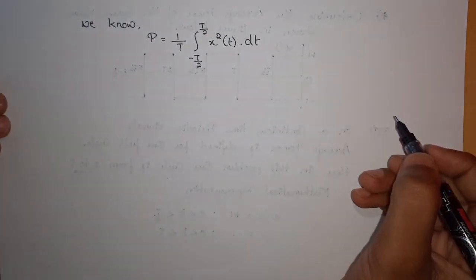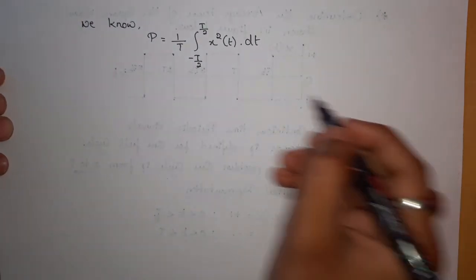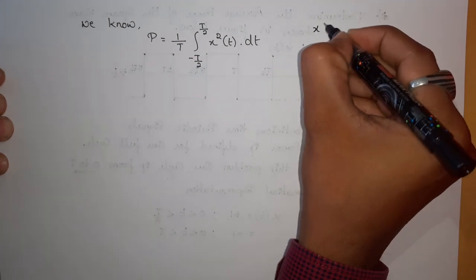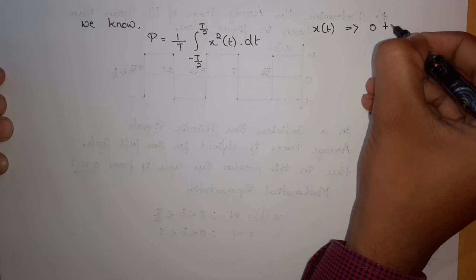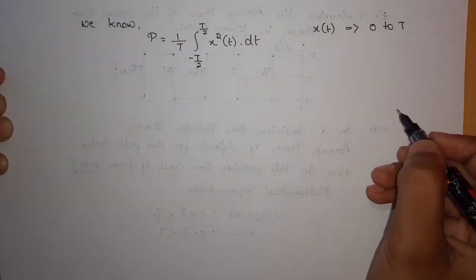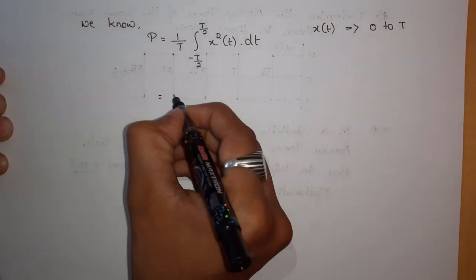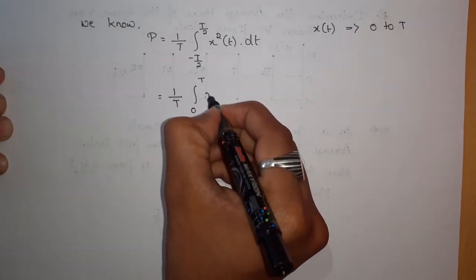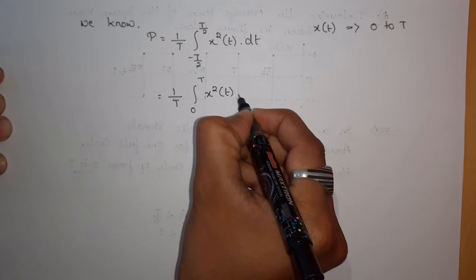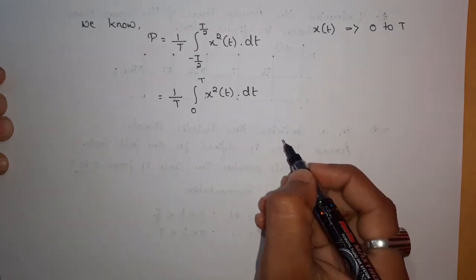And now for this problem, x of t varies between 0 to T, right? The duration varies from 0 to T. Therefore 1 by T integration of 0 to capital T of x square of t into dt.